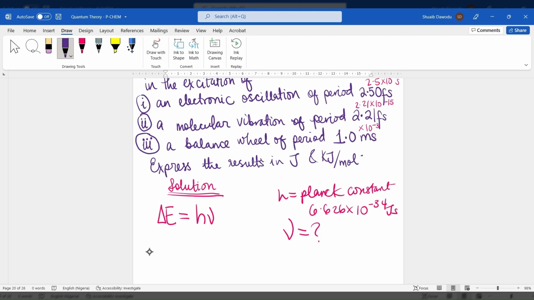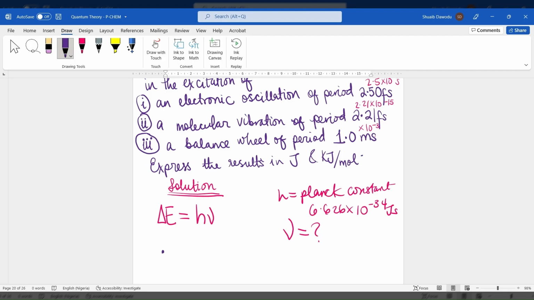When you're dealing with period, you're dealing with a parameter that has the unit of seconds. But you can also determine the period from the frequency. Frequency is how many cycles happen per second, and the period is how many seconds it takes to complete a full cycle.